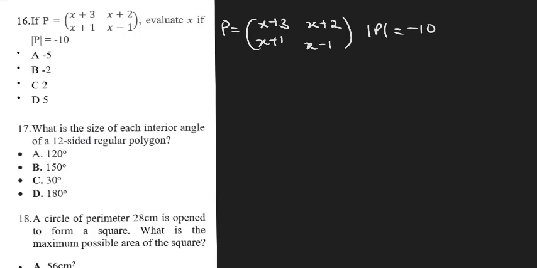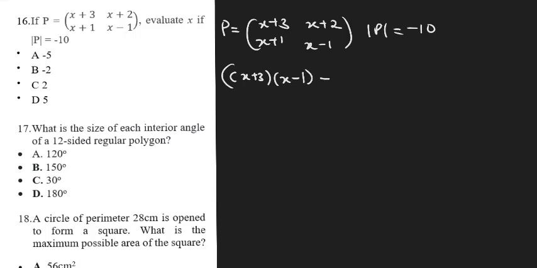So now let's find the determinant of P. In finding the determinant, we multiply diagonally: this times this one here, minus this times this. Then we equate it to minus 10. So open a big bracket. We have x plus 3 times x minus 1.